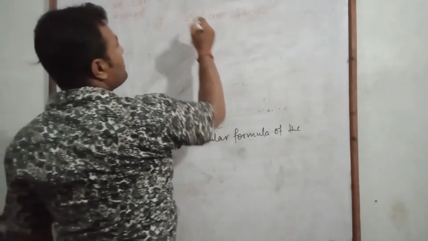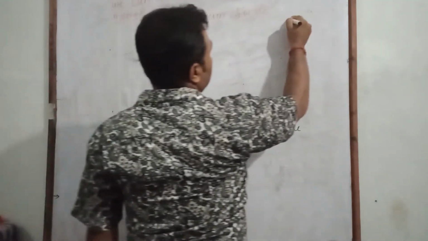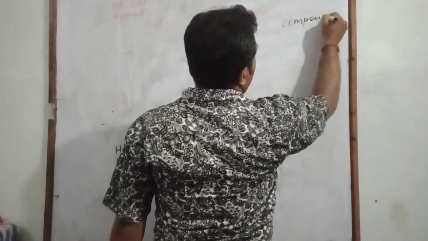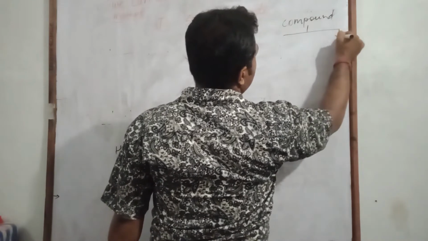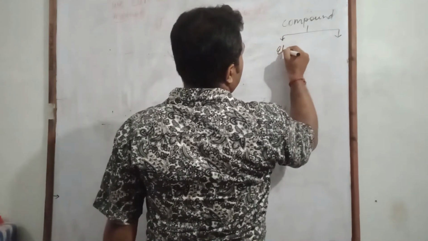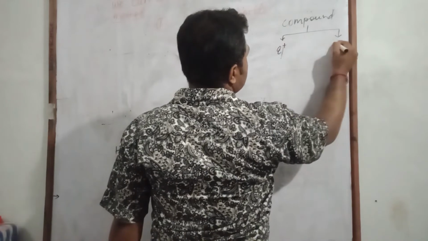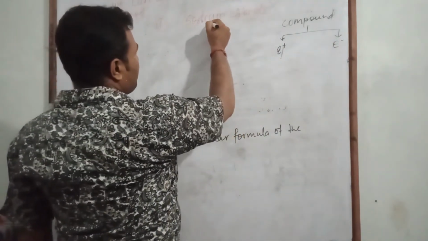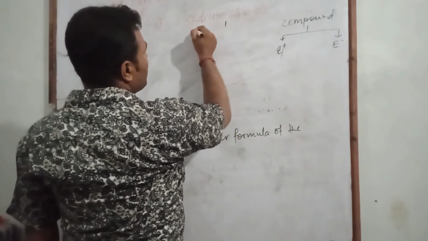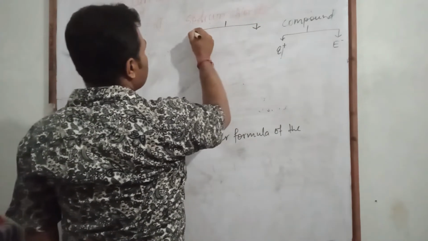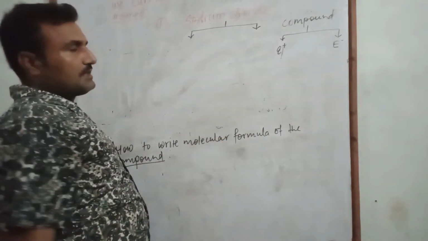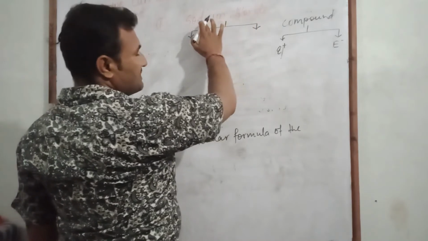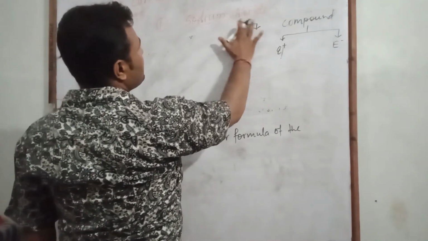Every compound is composed of two radicals, electropositive and electronegative. The first is electropositive and the second is electronegative. Sodium is electropositive, sodium is a metal, chloride is electronegative.